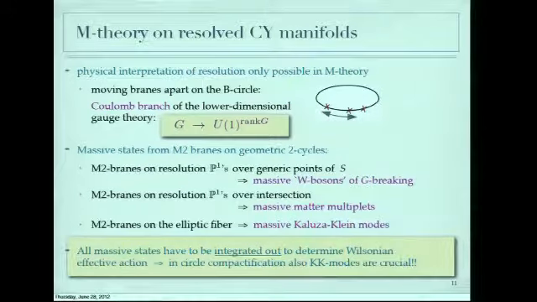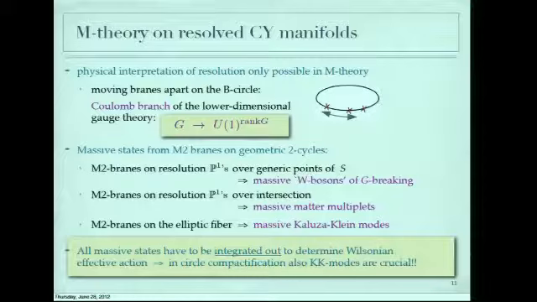Okay. But what does that correspond to in this M to F theory duality? And now we can understand why this is only possible in M theory. If you look closer, the resolution corresponds in the type 2a picture actually to moving the branes apart on this extra circle on which we will T-dualize later to go to type 2b.